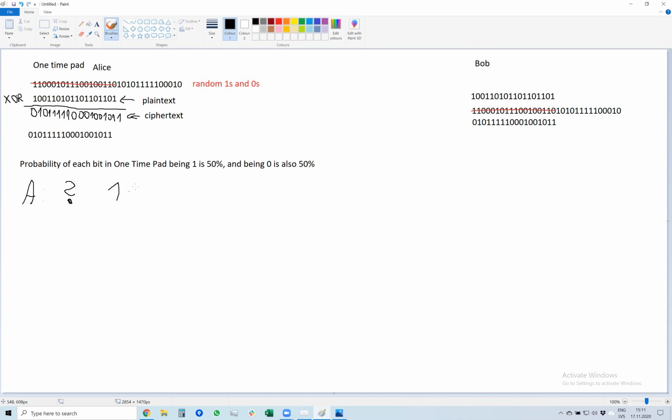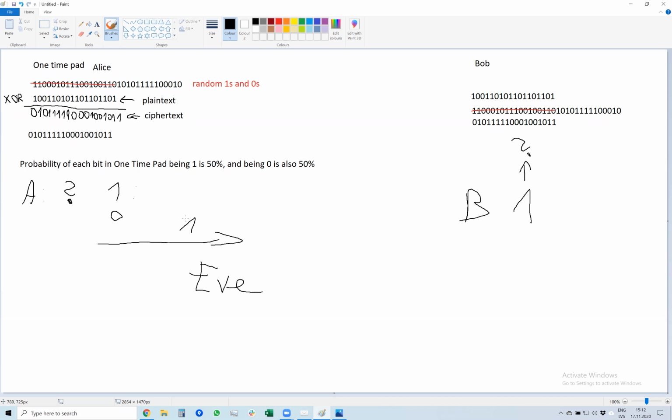So basically 1 means attack and 0 means do not attack. Alice takes this one bit, encrypts it with a one-time pad, and sends out this bit to Bob. And she sends out 1, right? And Bob receives 1, decrypts it with a one-time pad, which has 50% chance of being 0 and 50% chance of being 1.